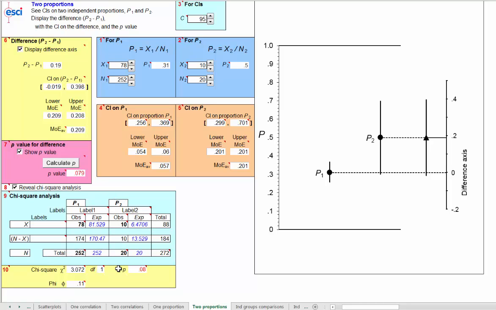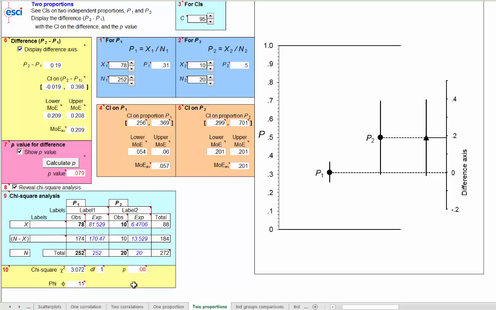So for the Juilliard students we had 10 out of 20 were correct. And this chi-square analysis, and there's the symbol, the square of chi, the Greek letter, postulates the null hypothesis of zero association between these two classification variables, the column variable and the row variable.